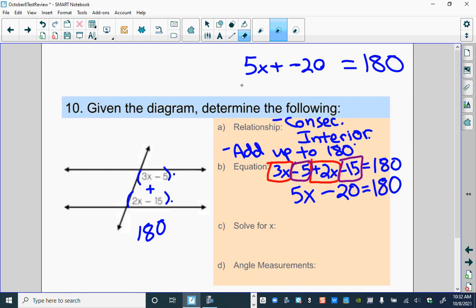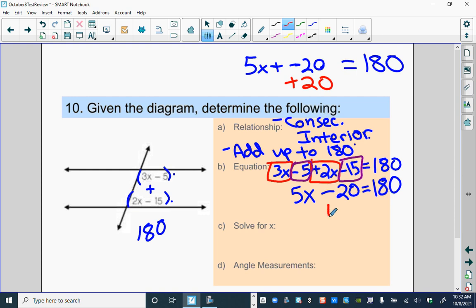Are you talking about up here? Would it be a plus 20? If you do the opposite, yes, then it will be a plus 20, because you have to go with this sign. Would it still be positive 20?